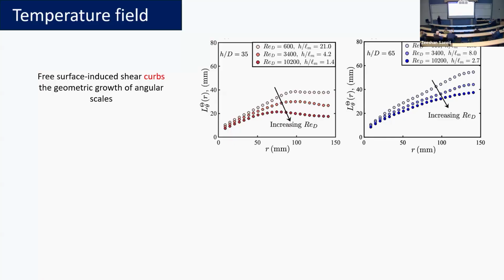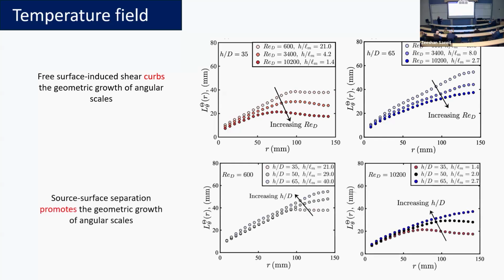If I'm comparing conditions at the same source velocity but different heights, so I'm essentially varying the height of the free surface while maintaining the same source velocity, I see that the source of the separation promotes the geometric growth of the angular scales. The growth in the scales is less restricted, because if you compare this with this, that difference is apparent.